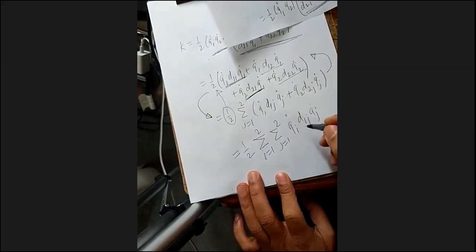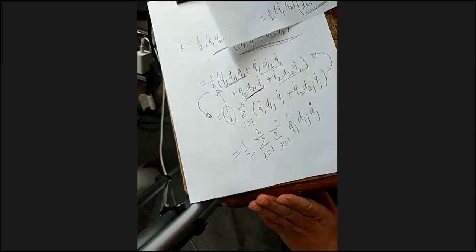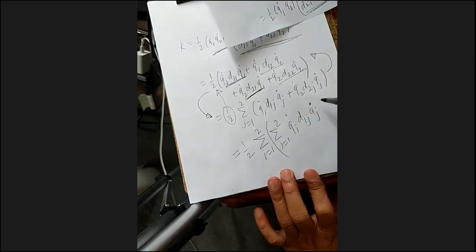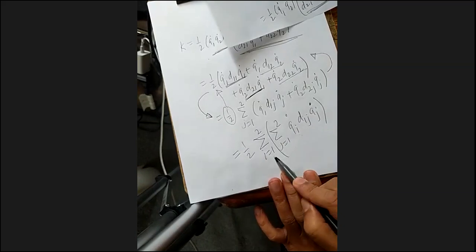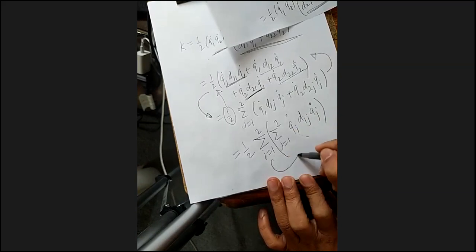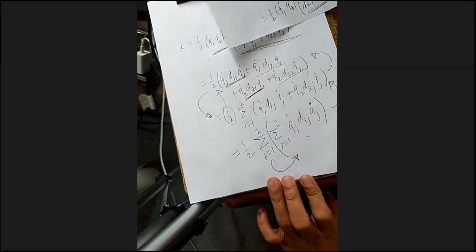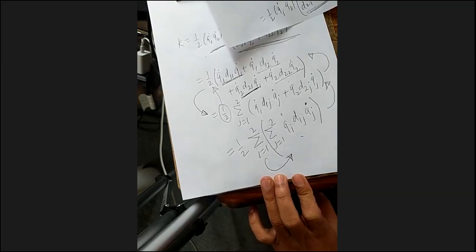So the Qi dot Dij Qj dot. Again, if you run the summation i, then you get this guy here. If you run this summation i on this, then you get this guy here again if you go back. Oh, that's actually kind of neat, right?